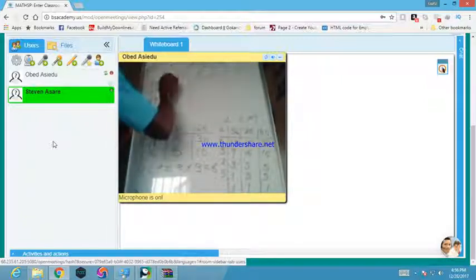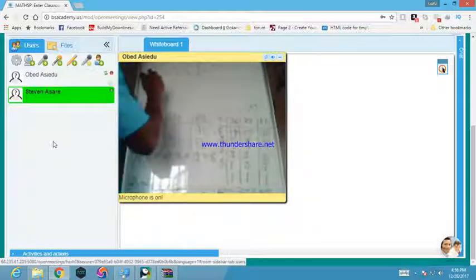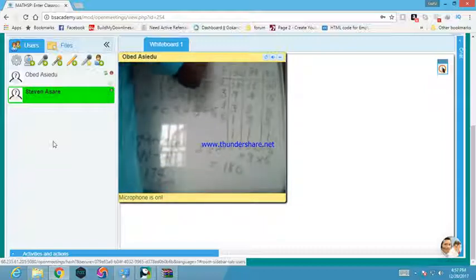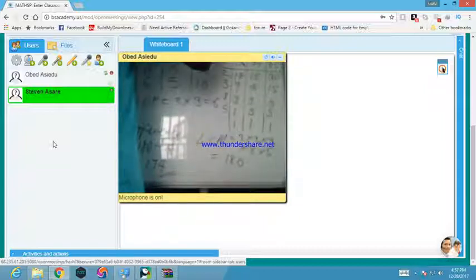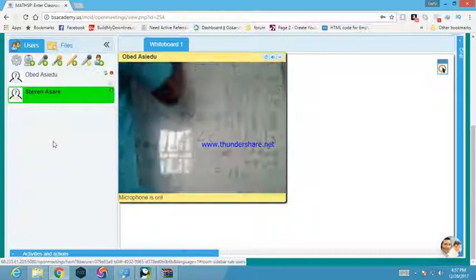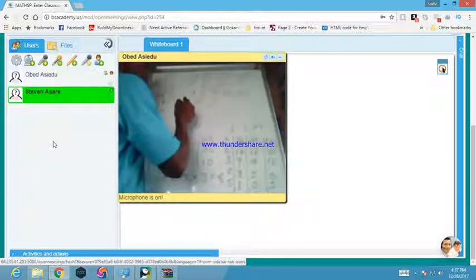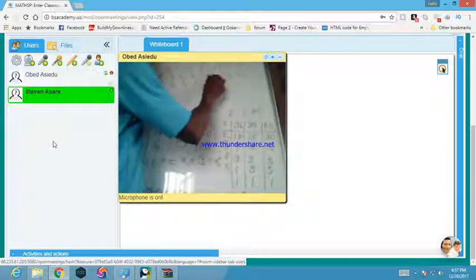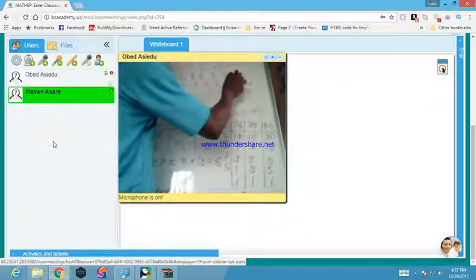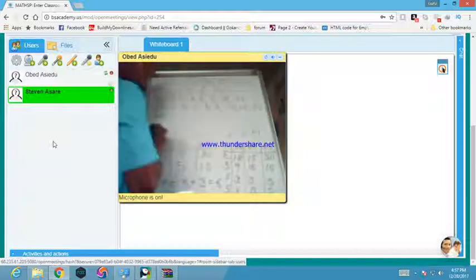You have 1, 2, 3, 6, 9, 18, and 36. For 30, you have 1, 2, 3, 5, 6. 9 cannot divide, 10 can divide. 15 can divide, and you have 30. You have the factors.